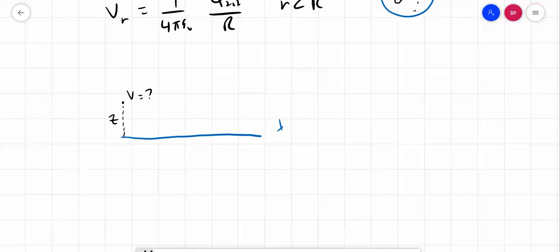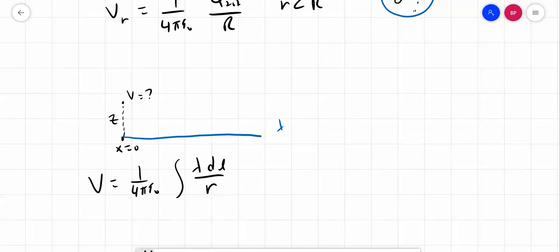Okay, well, we know the equation, the voltage relative to infinity is 1/4 pi epsilon naught times the integral of lambda dl over r. Okay, so this is along the x direction. And let's call this spot x equals 0. Okay, so dl is the actual length of a little segment here.